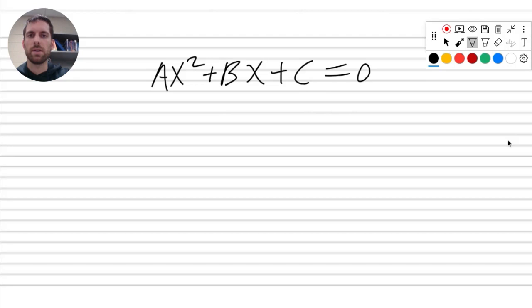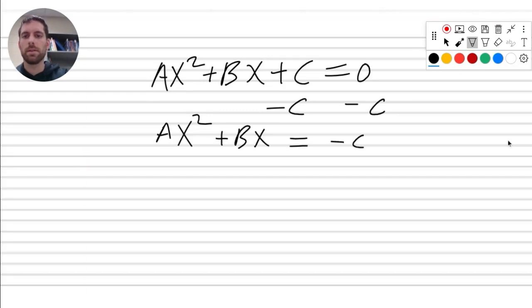So first thing we need to do here, we have to subtract c from both sides. Once we do that, divide by a. Divide both sides by a. Break things up.